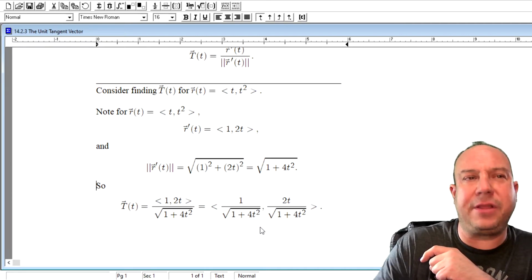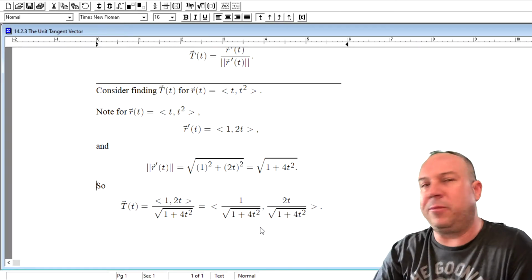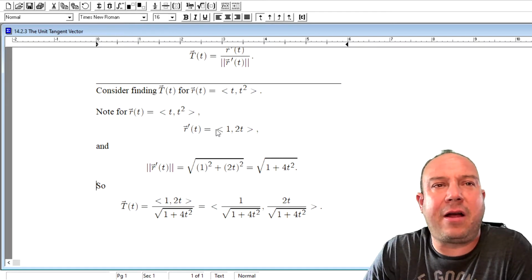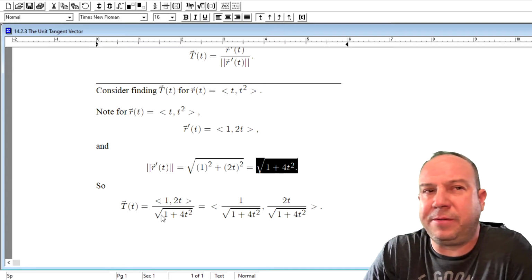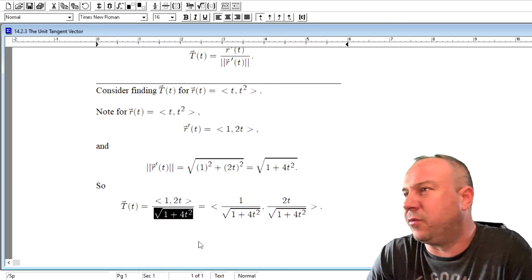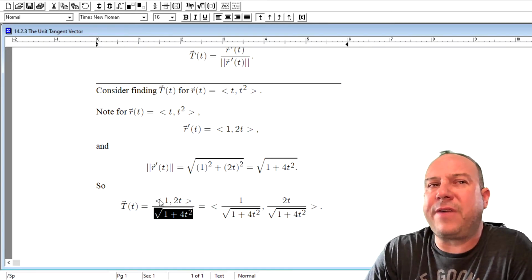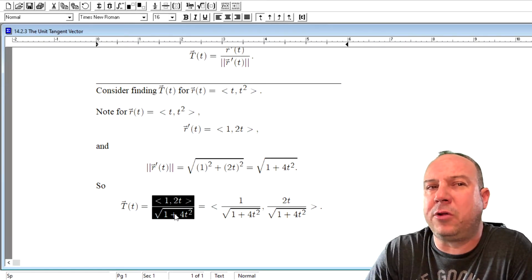So if we think about the unit tangent vector, it is nothing more than taking our vector r bar prime of t and dividing out from it this magnitude description, the square root of 1 plus 4t squared. Where if I distribute, now this is a scalar multiple, right?